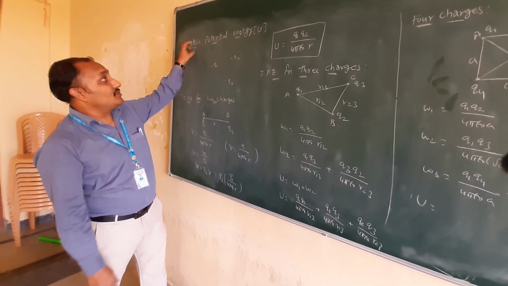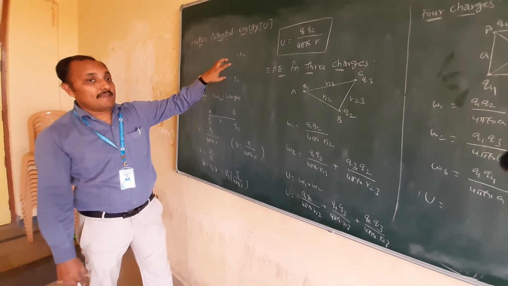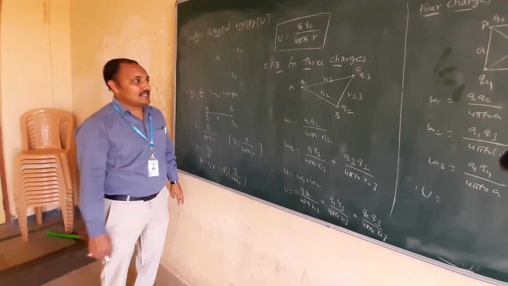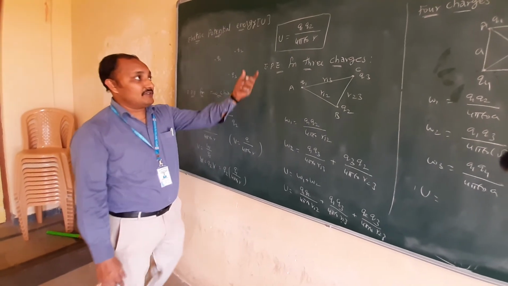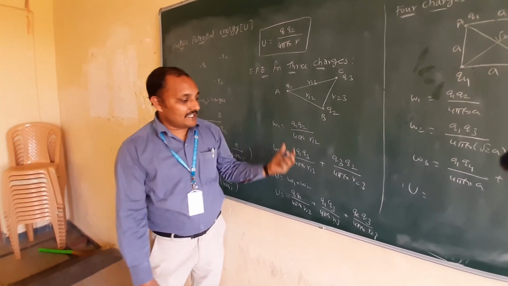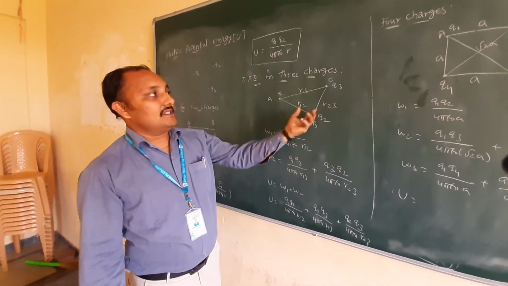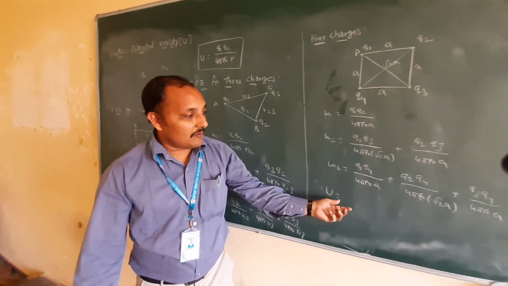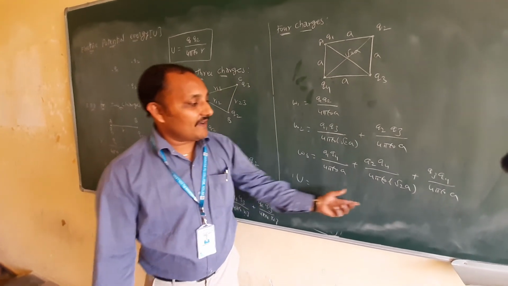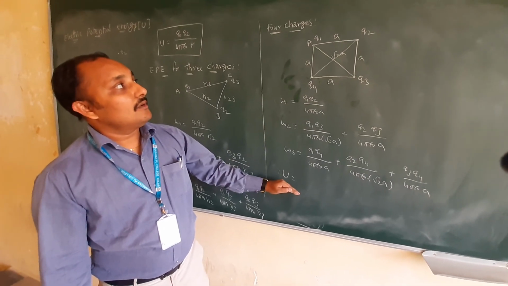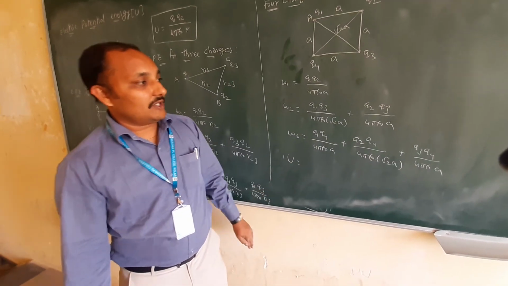The amount of work done to assemble a system of charges at one place is electrostatic potential energy. You have to remember this equation for 2 charges separated by some distance, this equation for 3 charges separated by some distances, and this is the work done to assemble 4 charges. You have to add and find the final equation; I am giving it to you as homework. Okay. Thank you.